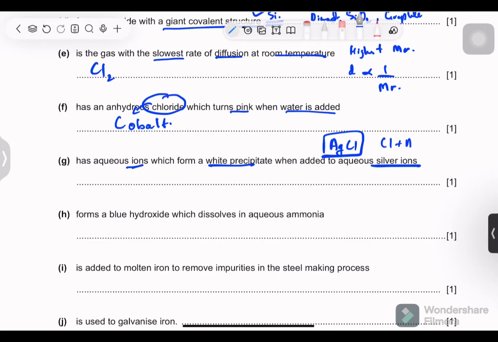When Cl reacts with Ag, it forms AgCl. So chlorine is the answer again, because the chloride ions, when they react with Ag plus, they formed AgCl solid. This is aqueous and this is also aqueous.